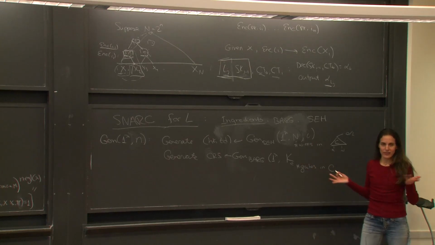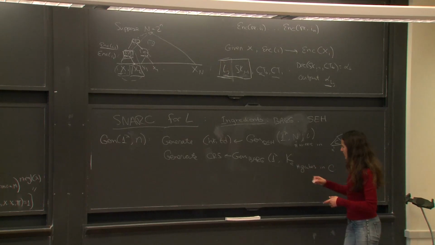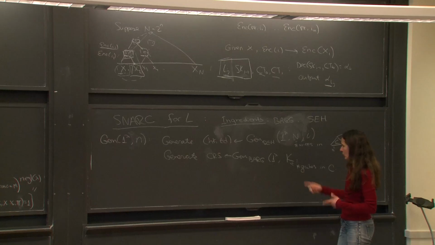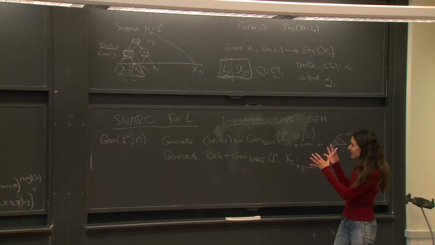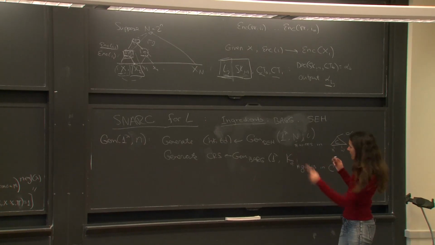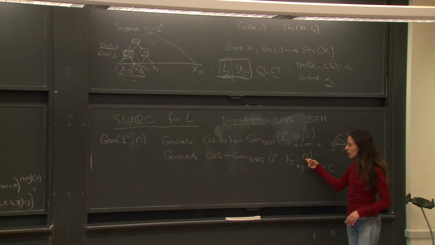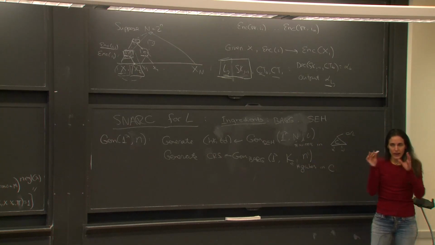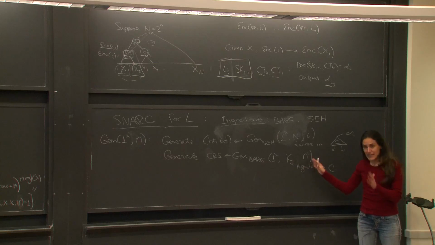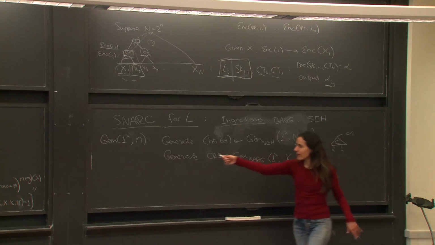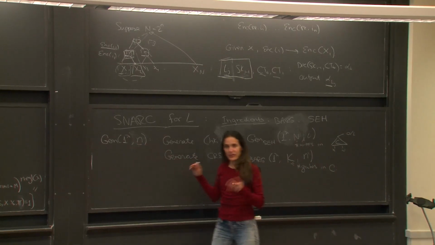It's essentially the same number, but let me just be clear that we're going to have the number of gates, and the length of statements there, let me call it N prime. We'll see what this N prime is in a minute. So we're going to BARG statements not of length N, but of a different length, N prime.